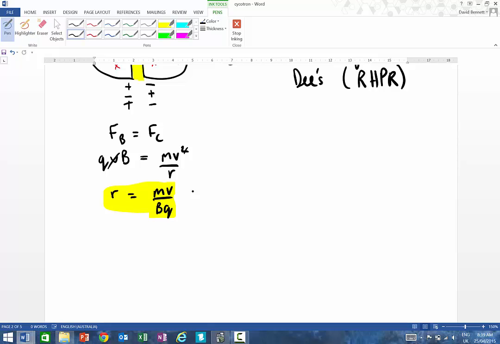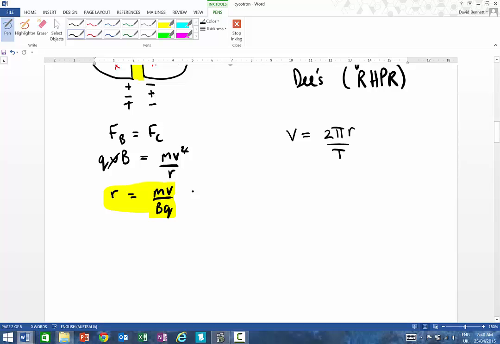Now the other thing we know about the cyclotron is that it is going in really a circular path, and we know that in a circle the velocity that we actually have is equal to 2 pi r, which is the distance that's travelled, all over the period.